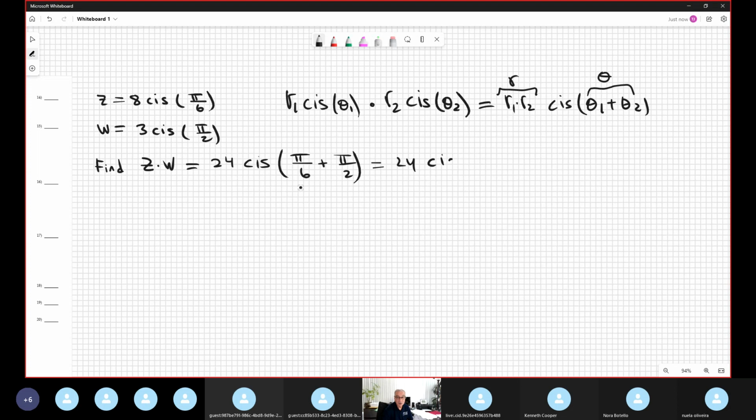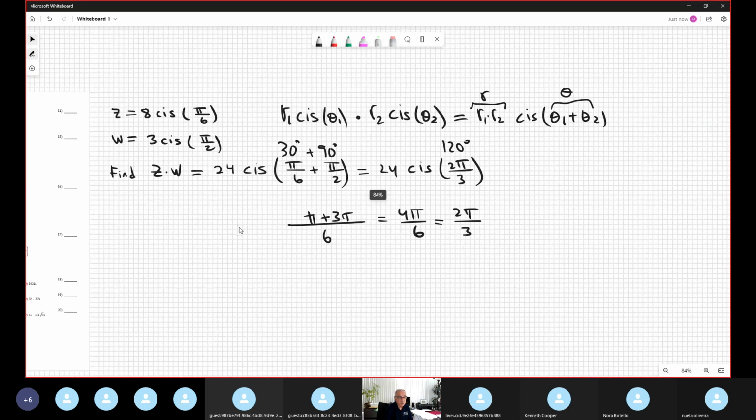We are working with radians, no problem. The least common denominator is 6, so it's pi plus 3 pi, which is 4 pi over 6, and when you reduce it to lowest terms, it is 2 pi over 3. In degrees, this is 30 degrees, this is 90 degrees, and together 120 degrees.